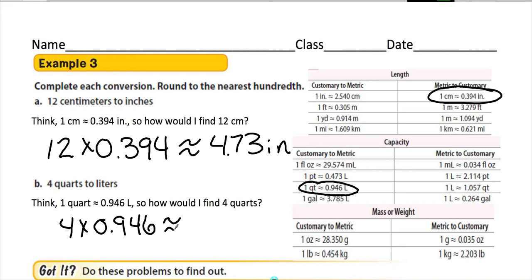That's going to be approximately, go ahead and type that in, 4 times 0.946. And again, we're rounding to the nearest hundredth each time, so that comes out to 3.78. In this case, it's going to be liters, which is a capital L for us.